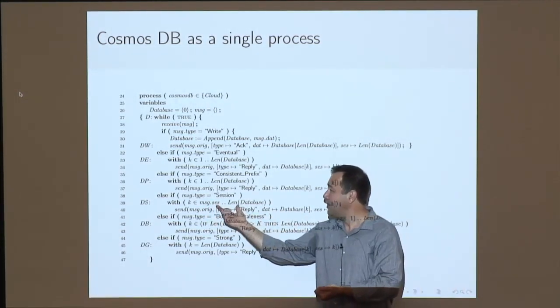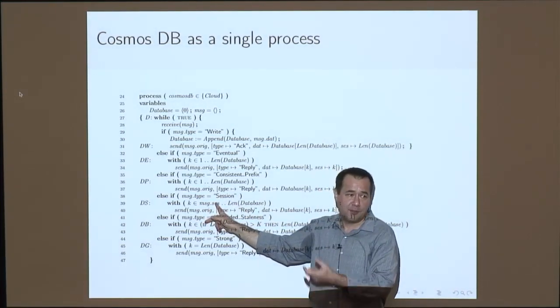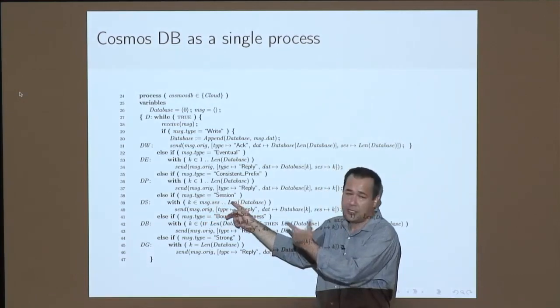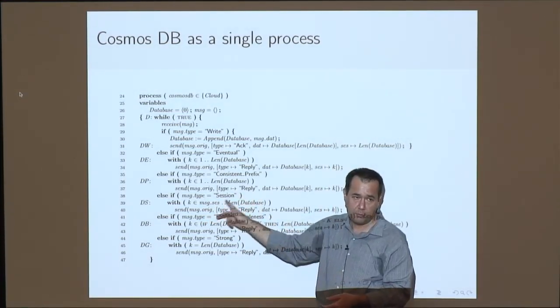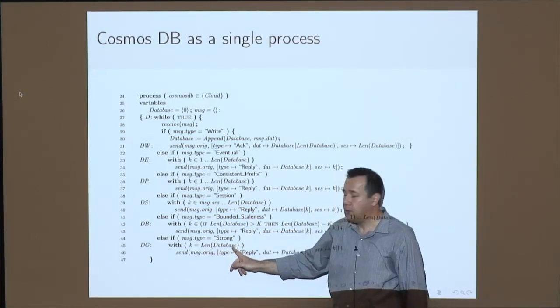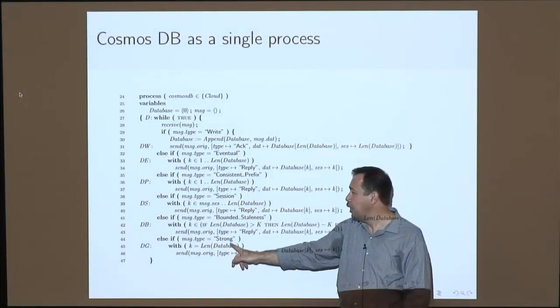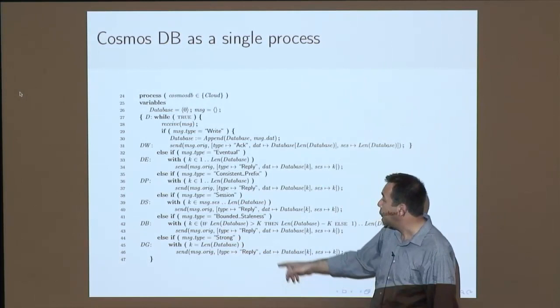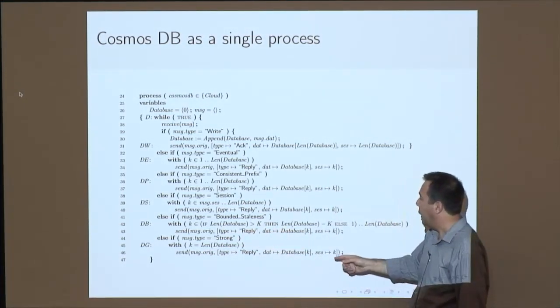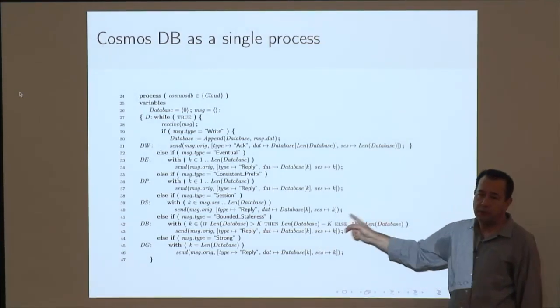From my database history, I can only give something at least as fresh as the session token, no staler than that. And for the strong, it's going to always give the most recent. For the bounded, it's going to say within the last K, make sure that I return this.